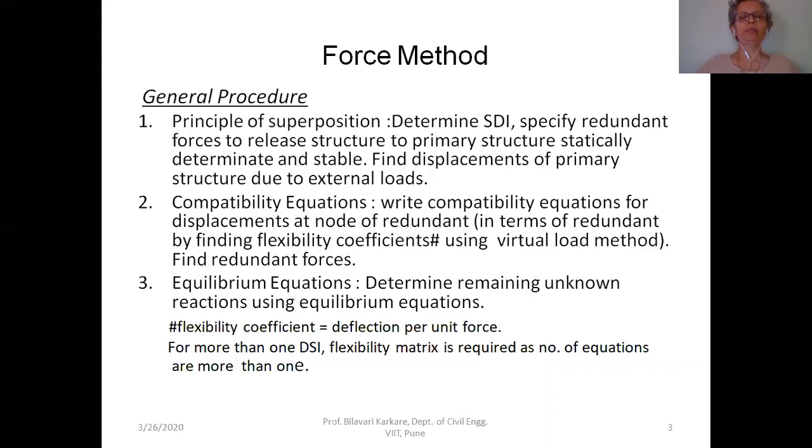With the help of the compatibility equation, the redundant force can be found out. Then we make use of equilibrium equations to find the remaining unknowns. The flexibility coefficient is basically deflection per unit force. Now we will go to actual problems.